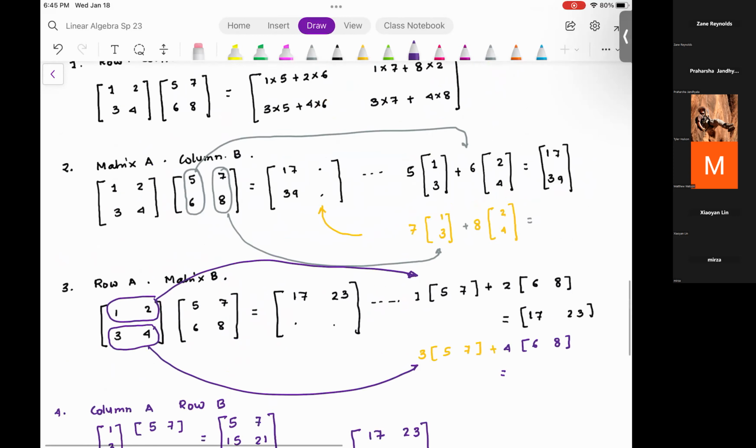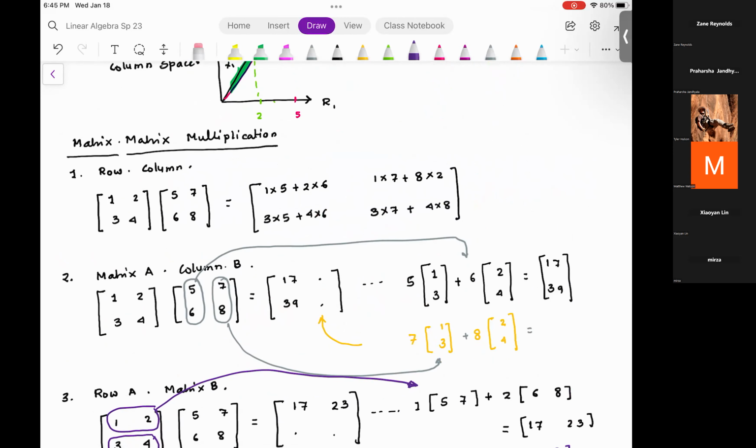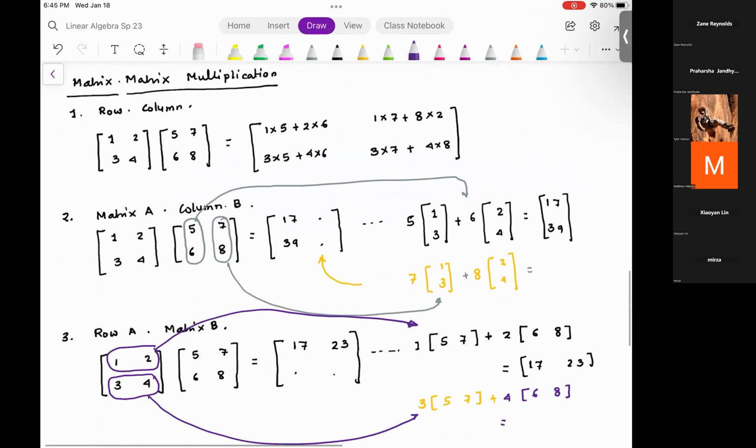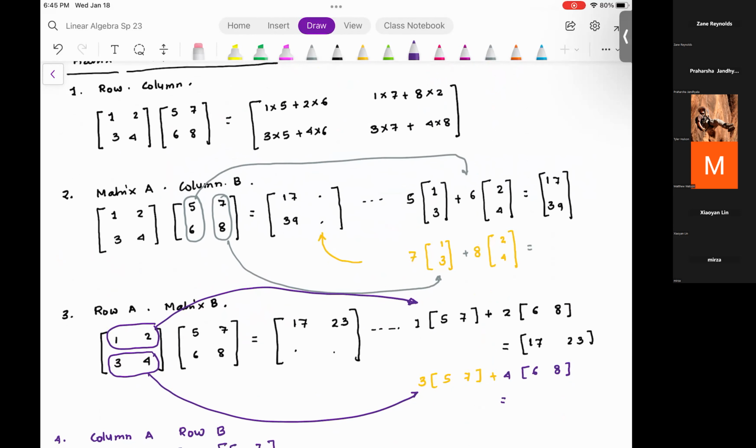A quick recap: row times column is what you studied in undergraduate linear algebra. Matrix times column is using the basis vectors. Row times matrix, again you are using the basis vectors, but here you are using row vectors.